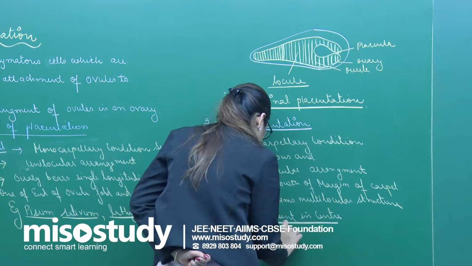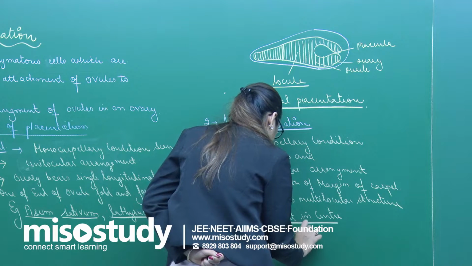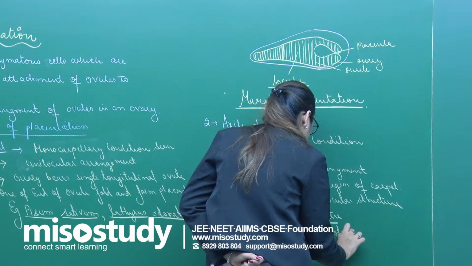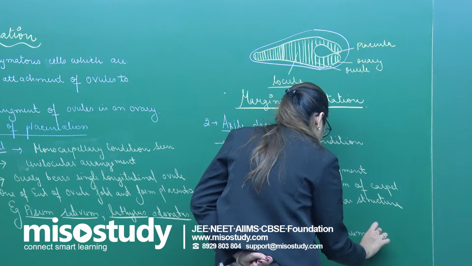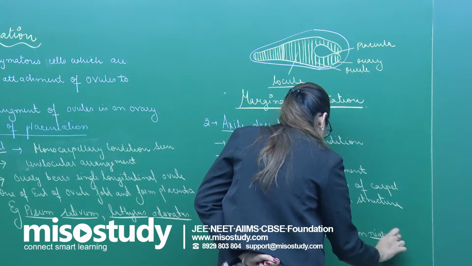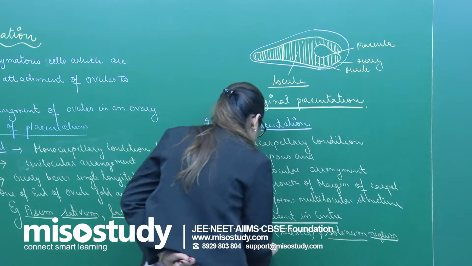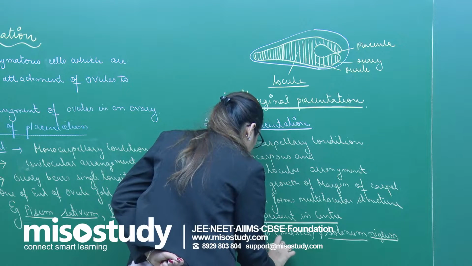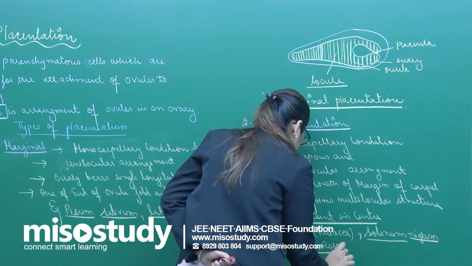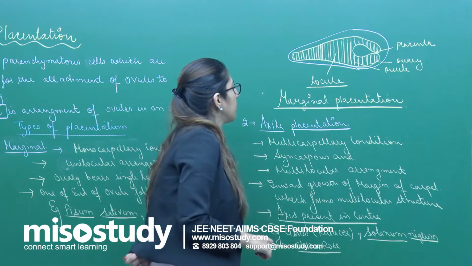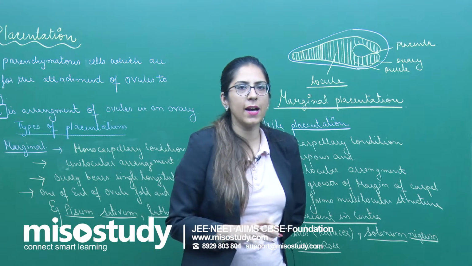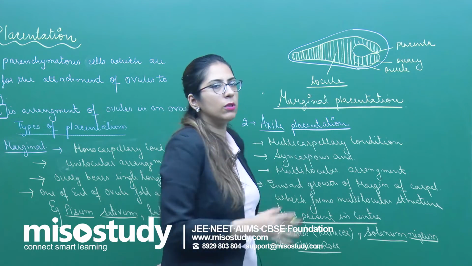For example, Citrus, Rutaceae. You can take one example of Solanum nigrum, China rose, etc. So, these are certain examples of axile placentation, right. Now, let us see how this axile placentation looks like. For that you have to come to this side.